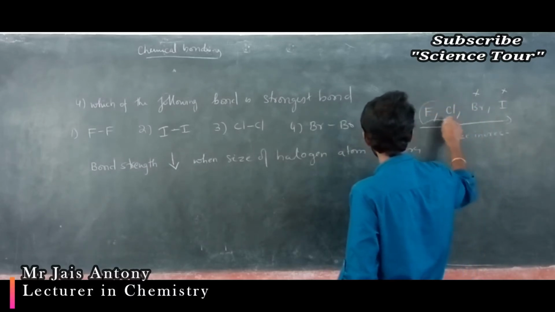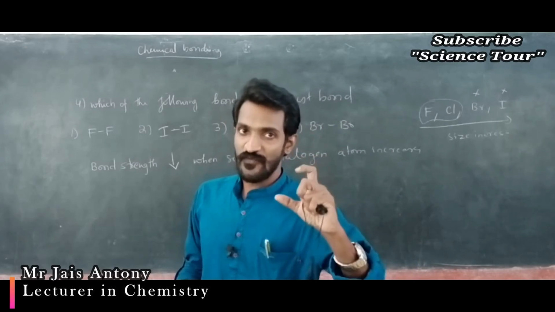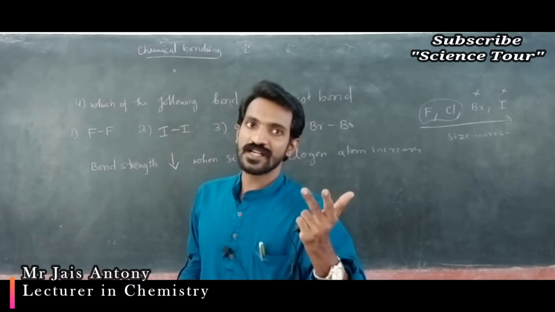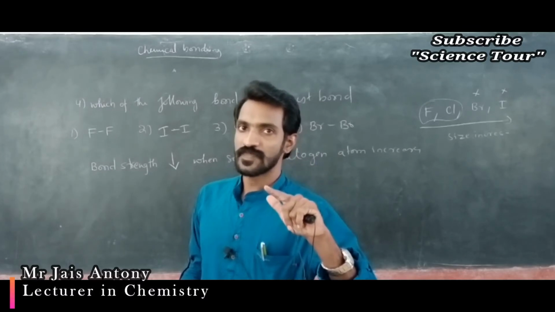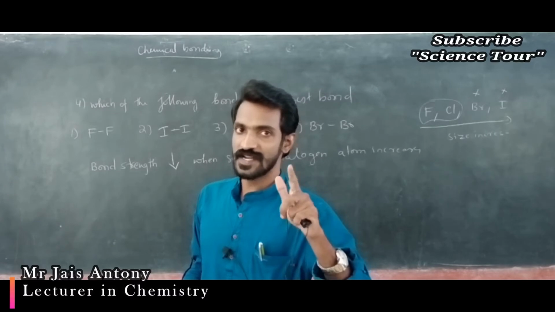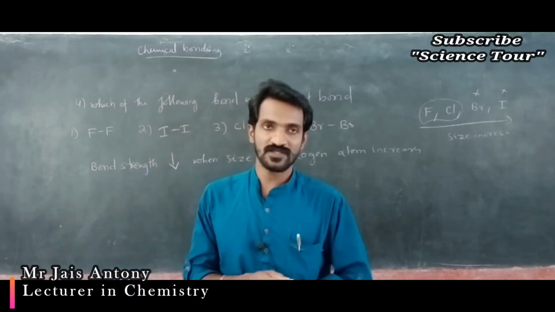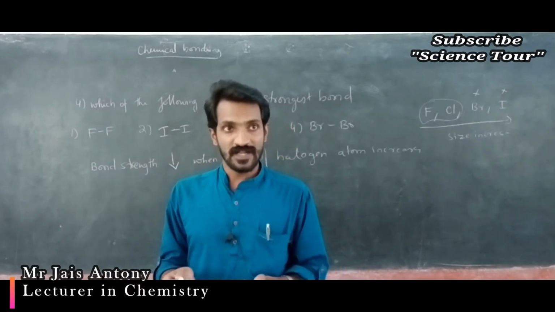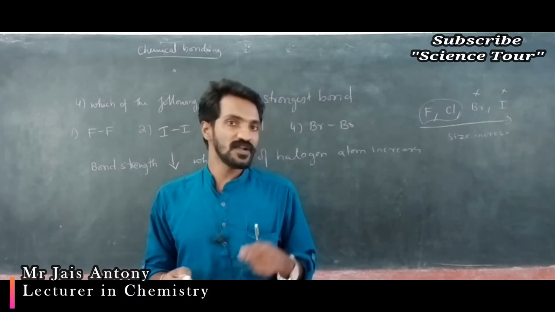But in these two, I explained one contradiction in this part actually. F having small size has more attraction but also more repulsion. Okay, that you studied, why the electron affinity of fluorine and chlorine, that part is over. Chlorine having more space, attraction is also there and repulsion is less, that part I explained.